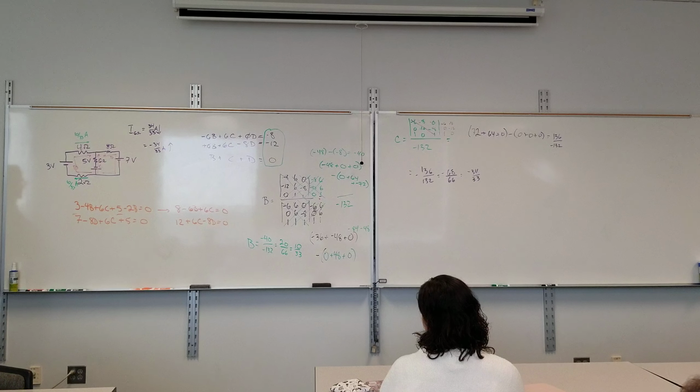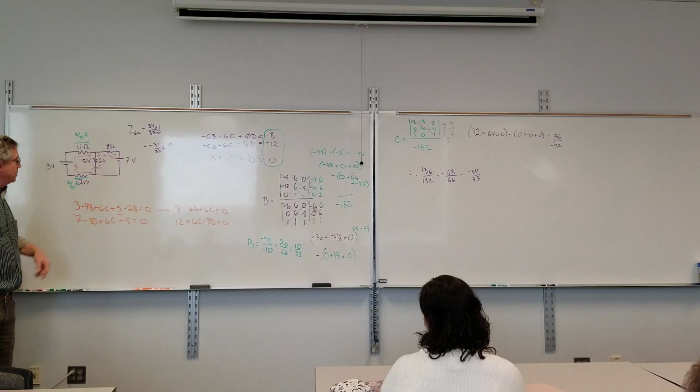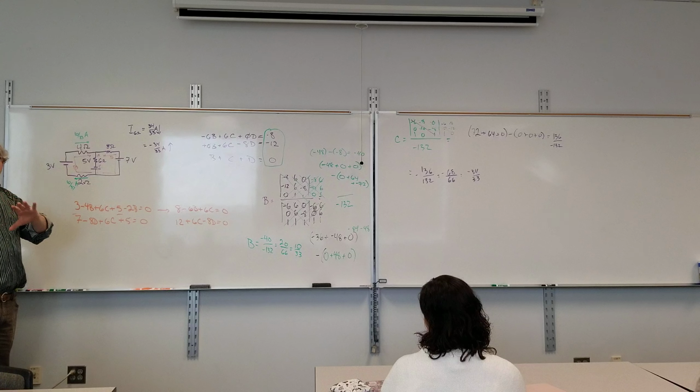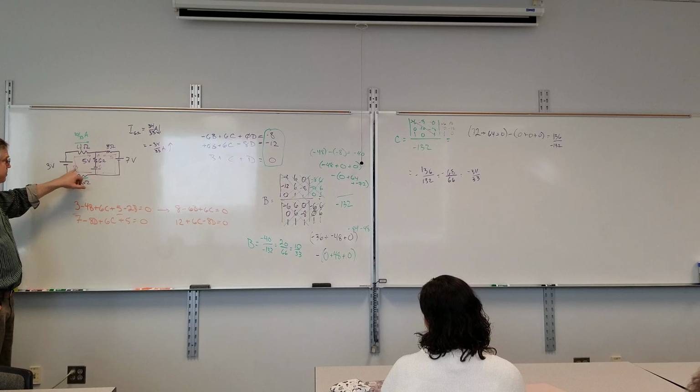All right, questions today? So C was the middle one, and then because it's going from the positive, that counts as up. Is that what you're talking about? Oh, the up bit. When I was defining my currents at the beginning, when I defined B, C, and D, I said C was the current flowing up.